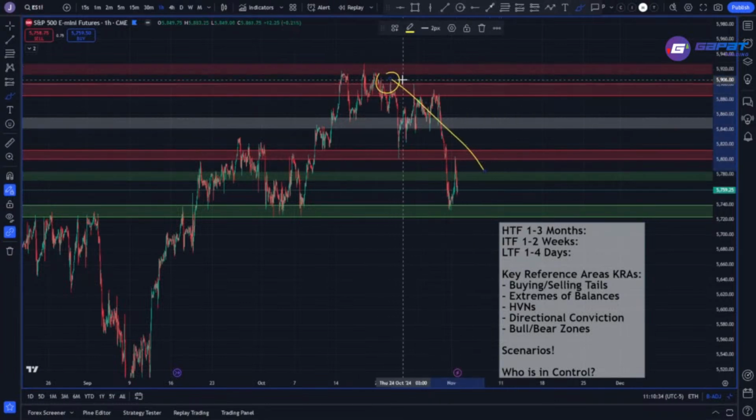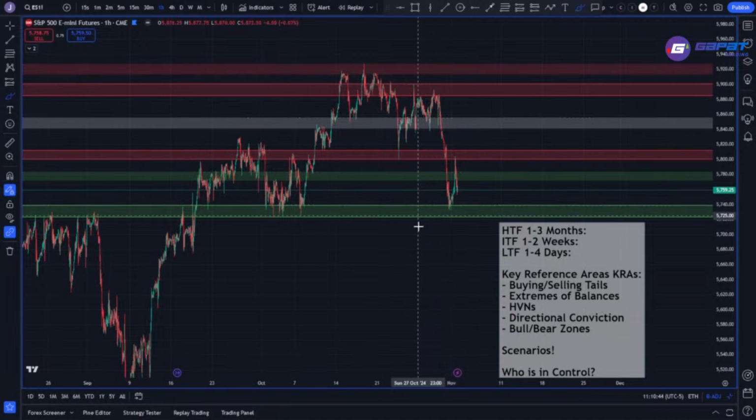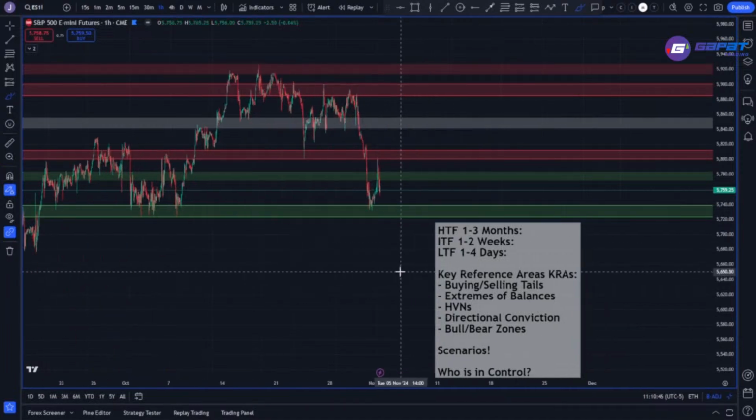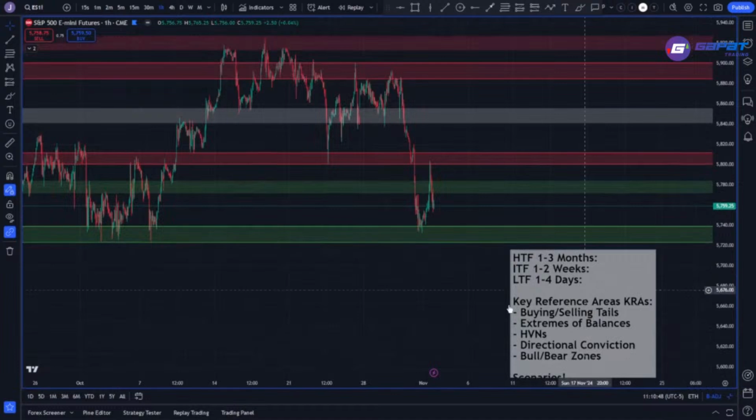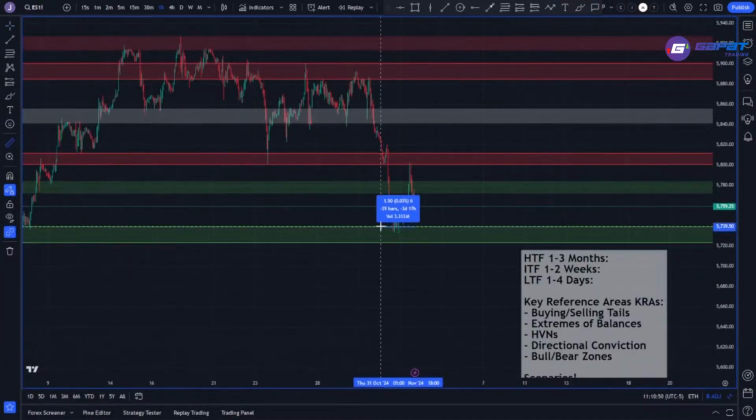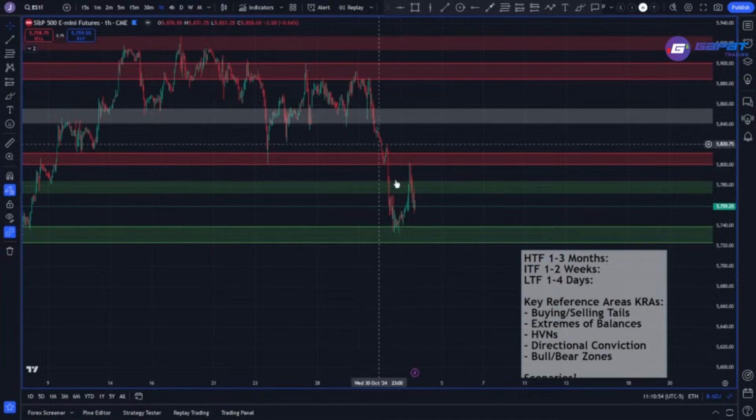We're currently weaker. If you look, the highs are getting lower and the lows are getting lower. So I would say we are more bearish on the intermediate time frame. And then if we look at the past 1 to 4 days, which is the lower time frame trend, 4 days is right here, we're going to be bearish again.